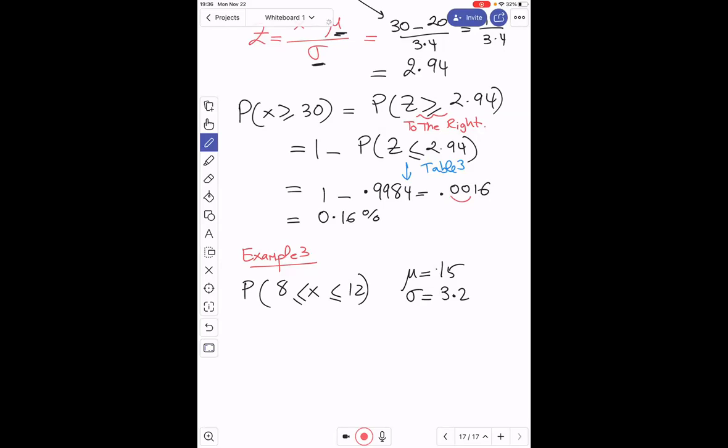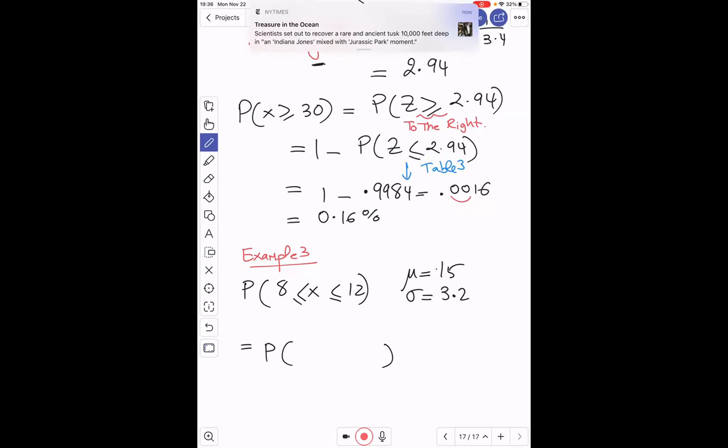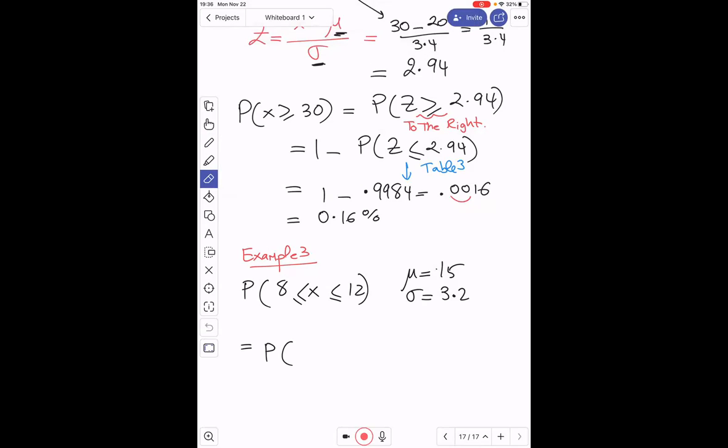So this is equal to the probability that, and as I said, we're going to convert. You just convert your variable x to the variable z.